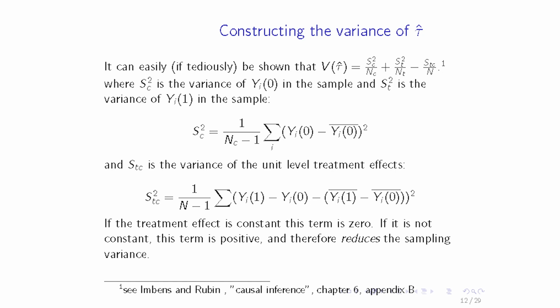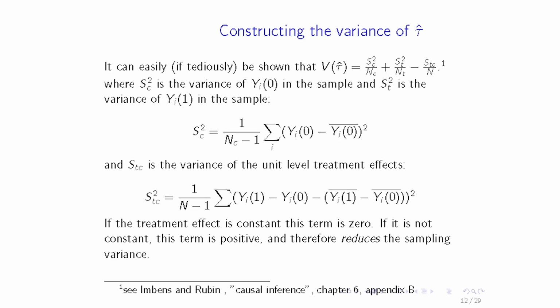Well, in general, I could wait for a long time, because we are not in good shape. We can't estimate that guy because we don't see yi of 1 and yi of 0 together. If we observe a treated observation, we know their potential outcome treated, but we don't know what it would have been under control. We don't have anywhere in the data set that tells us anything like that. So we can't compute that guy.